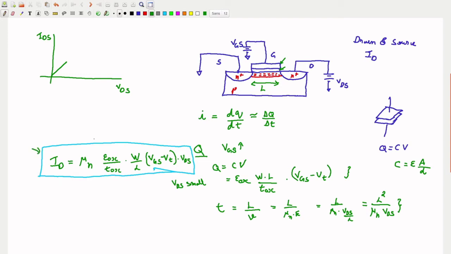This is of the form ID is equal to G into VDS, where G is the conductivity, or this term as a whole forms the conductivity.